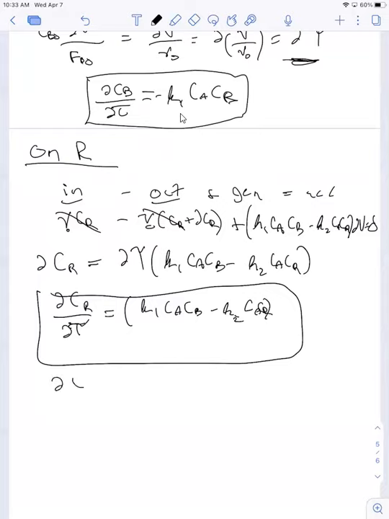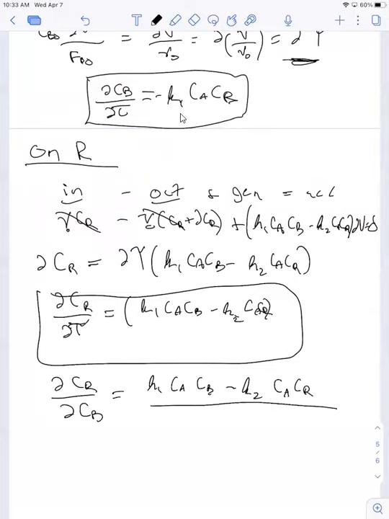We'll do dCR over dCB, and this is going to be equal to K1 CA CB minus K2 CA CR, divided by negative K1 CA CB.